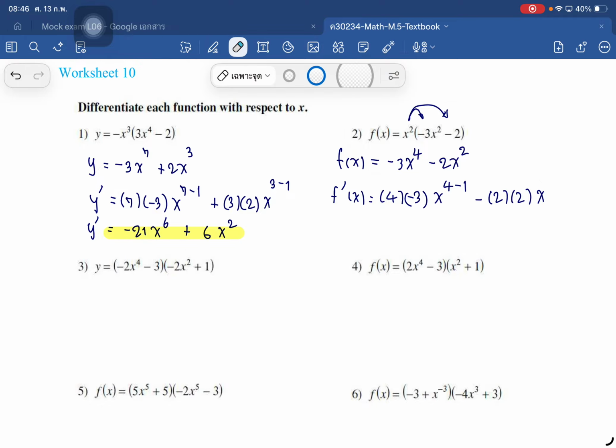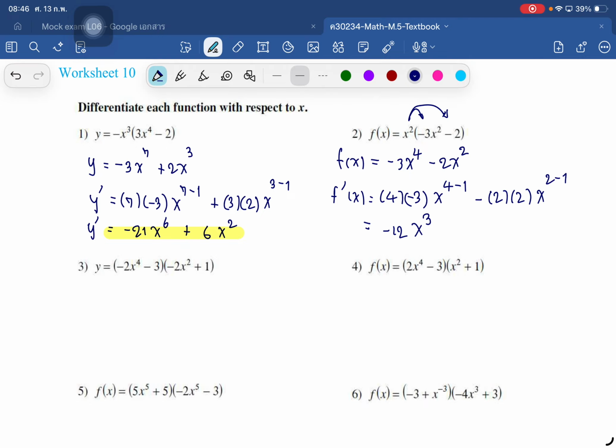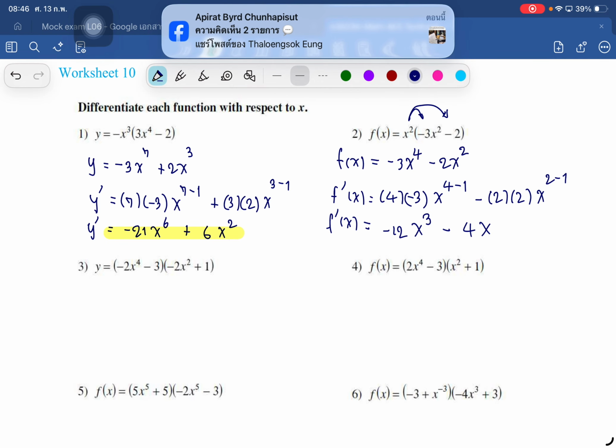Let's just take note of question 5. Then we're going to do question 4. Oh, this is question 3, not 5, sorry.